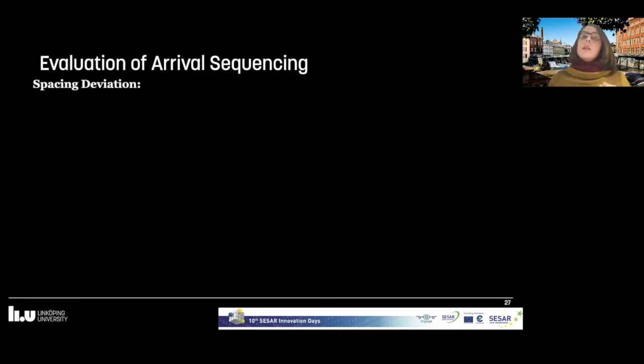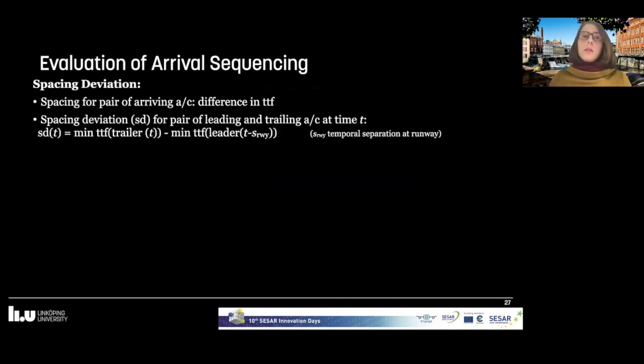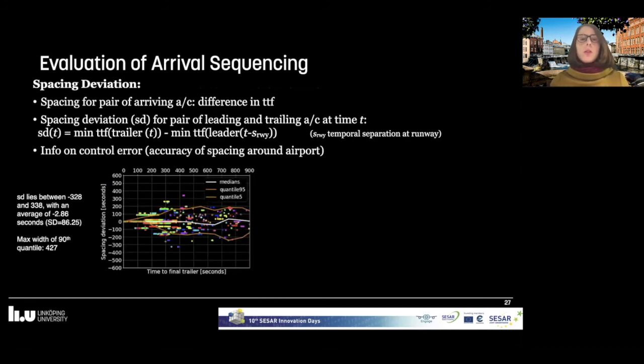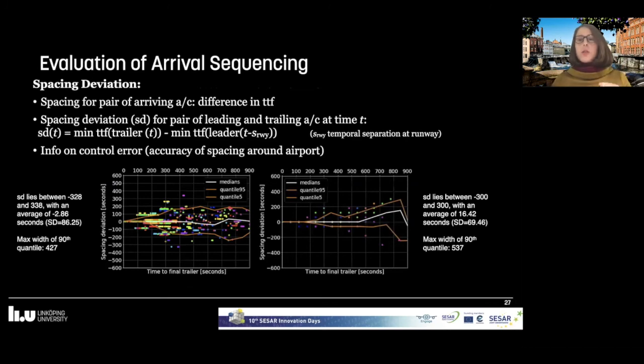Second criterion is spacing deviation. A spacing for a pair of arriving aircraft is a difference in time to final. So the spacing deviation is defined for a pair of leading and trailing aircraft at time t. And this will give us information on the control error. So again, left is actual trajectories, right are the optimized ones.